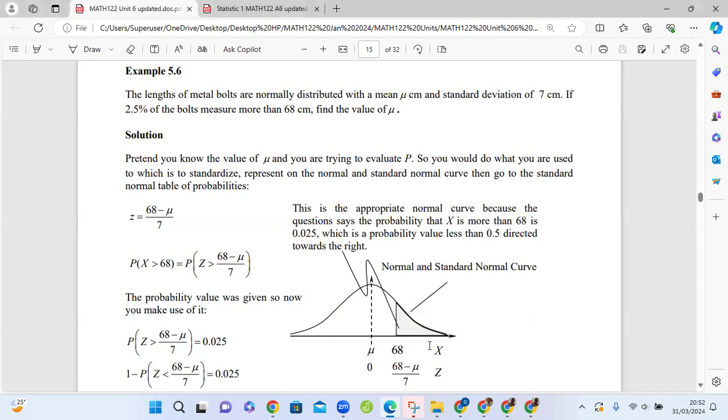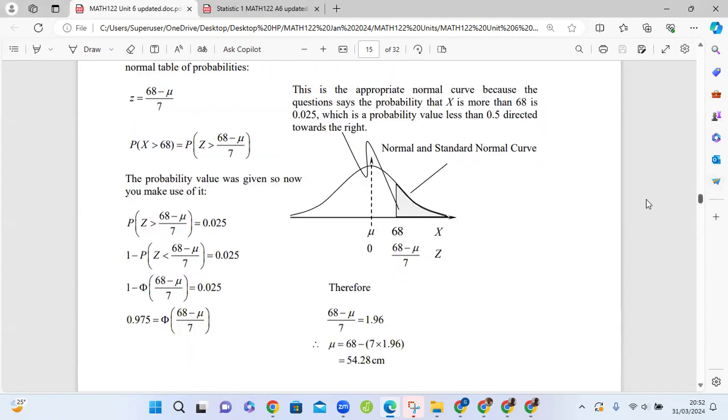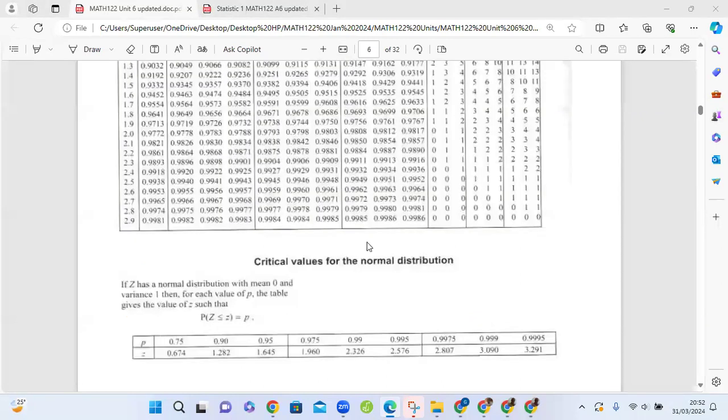Here we must do a 1 minus to go into the table because you cannot get 2.5%. So here the 1 minus was done, 0.975. That will give us a z of 1.96. It appears that you can use the subtable to find that 1.96. Here it is, 0.975 is 1.96.